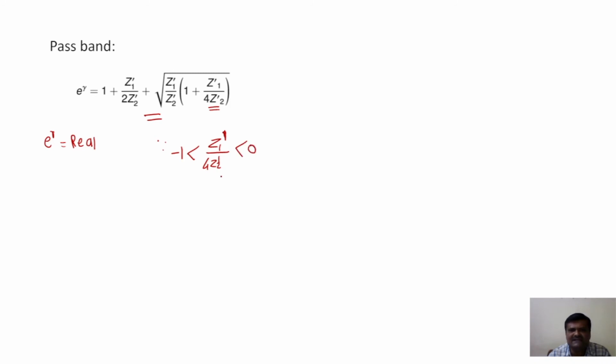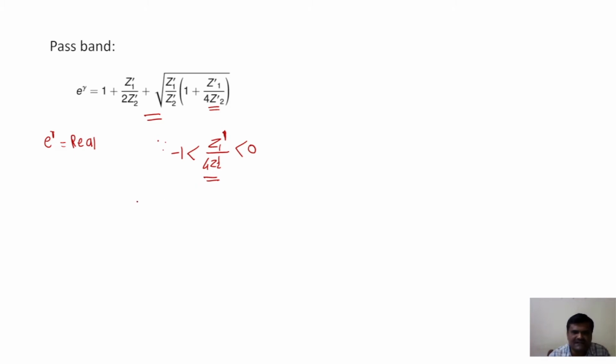If this condition is satisfied, only then e raised to gamma is real, otherwise it goes imaginary. So this is the condition for passband. I put the value of z1 dash divided by 4 z2 dash in this equation.